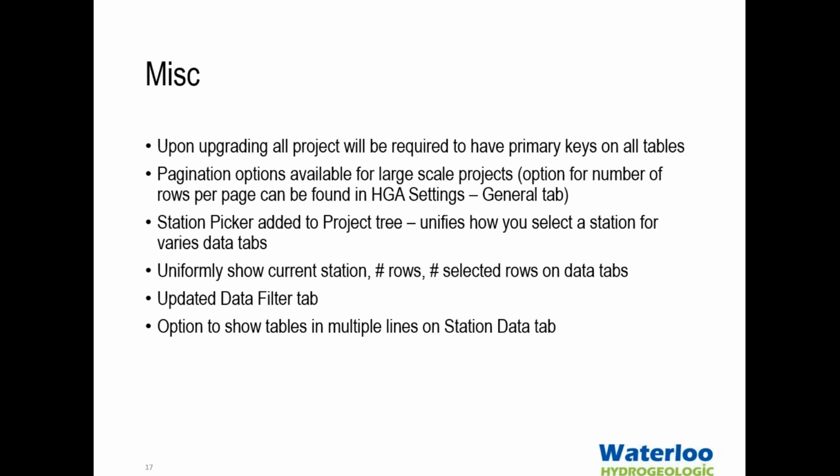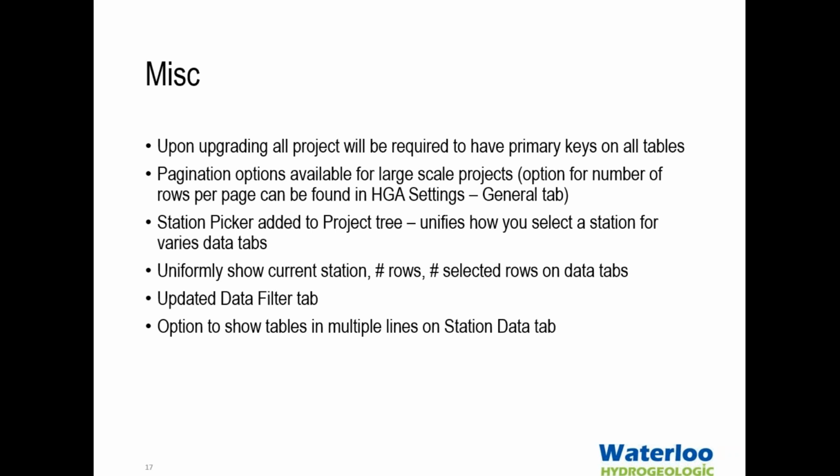So we now require primary keys on all those tables. If it finds a table that does not have a primary key, it will simply assign an auto increment, so every record gets a number, and set that as the primary key so that you can carry on with your database otherwise the exact same.